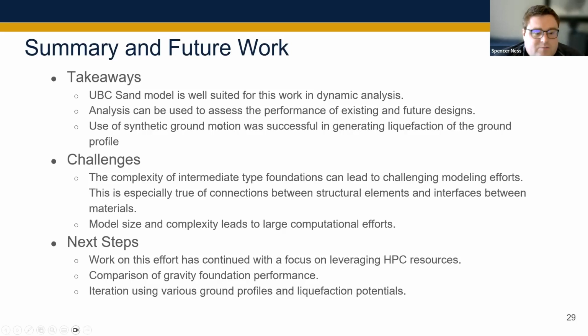We think that this analysis process could certainly be utilized to assess other designs, modifying different parameters of the soil to reflect interventions and remediation that might be done to impact liquefaction potential. Additionally, this synthetic ground motion assembly was pretty successful in capturing a motion that, while probably scaled up quite a bit from what a true design event would be, did generate the liquefaction event that we were looking at.